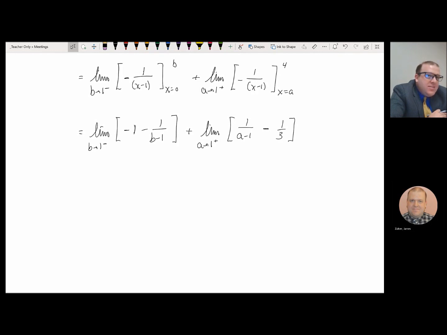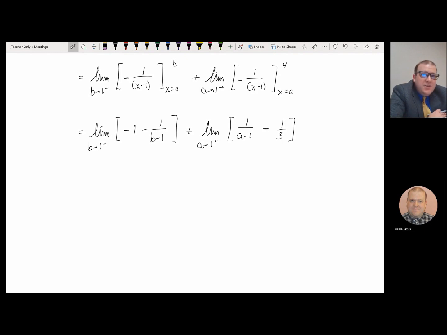What is the limit of 1 over b minus 1 as b approaches 1 from the left? Does not exist.